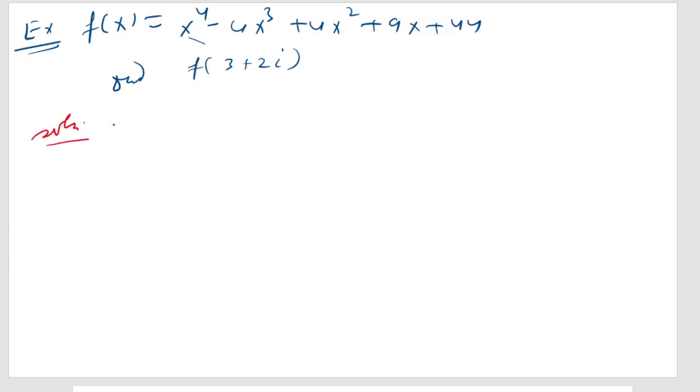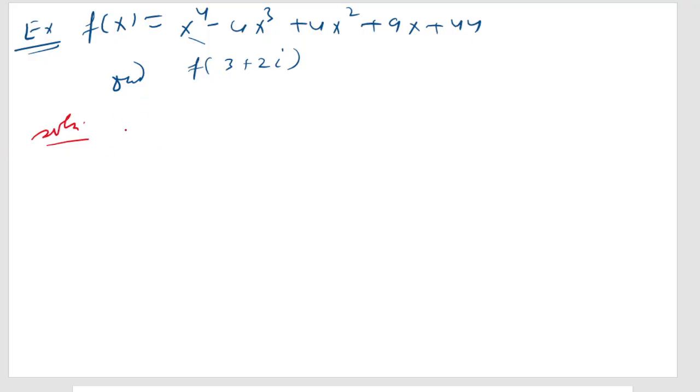We can substitute 3 plus 2i and find it, but the problem is it will be a little bit lengthy, because for 3 plus 2i to the power 4, either we have to use the binomial theorem to simplify or we have to multiply it 4 times. So what we can do?